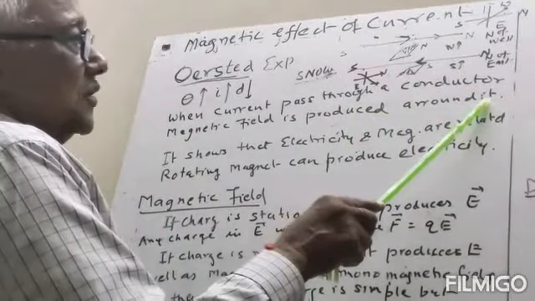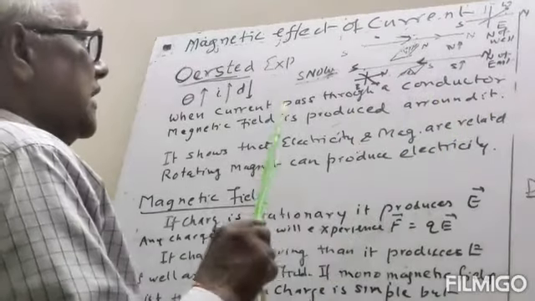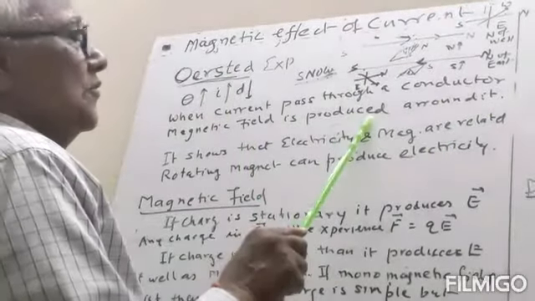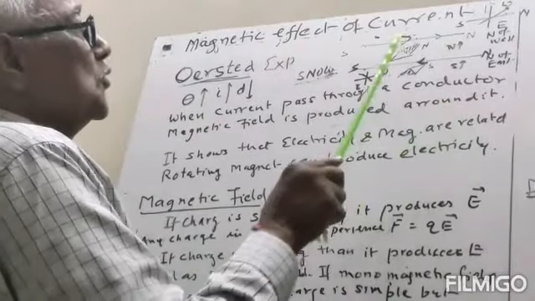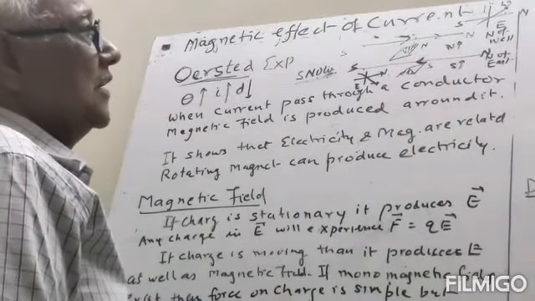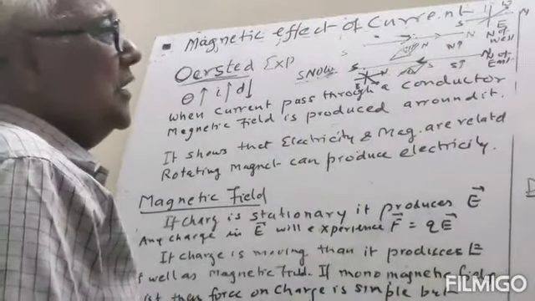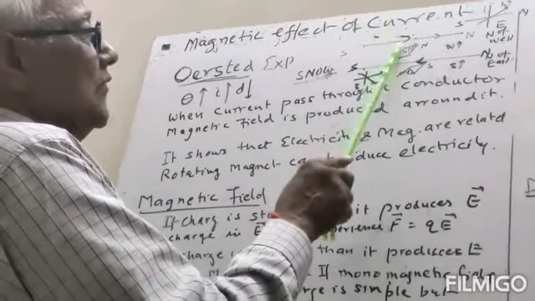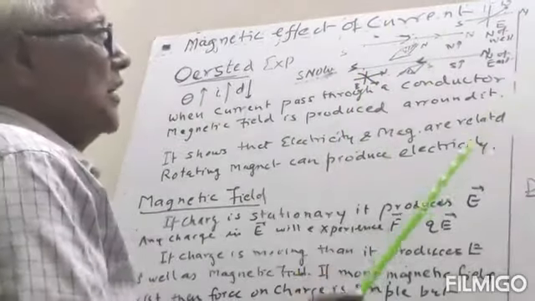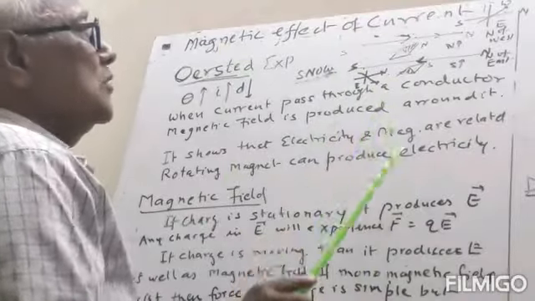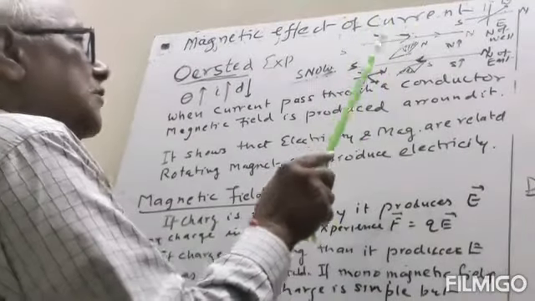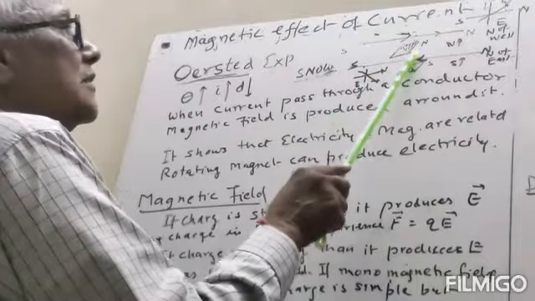The magnetic field is produced due to the current. If no current is passing through it, then the magnetic needle will not be deflected. And when the current passes through, the magnetic needle shows the deflection.